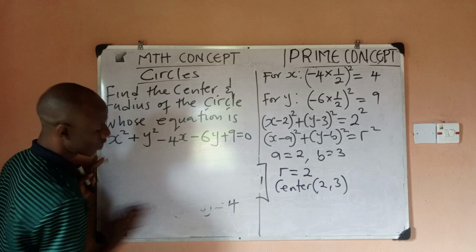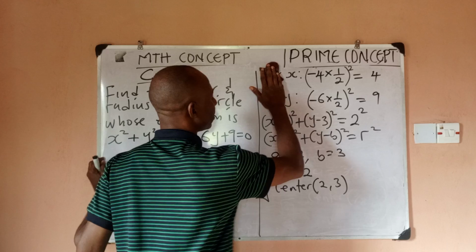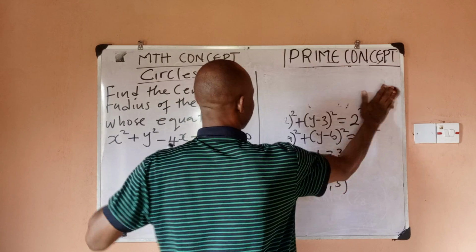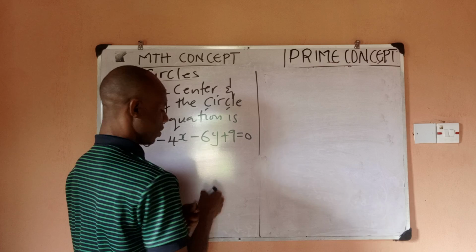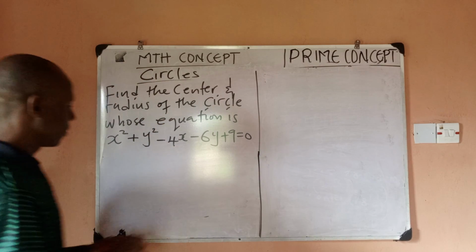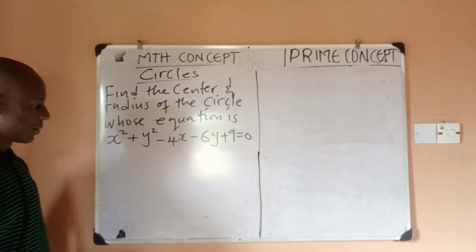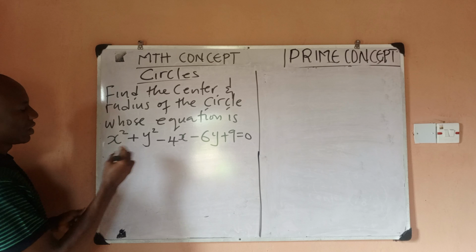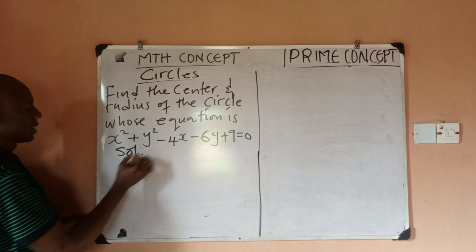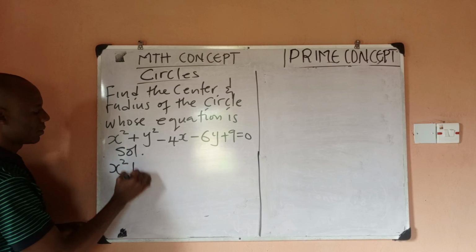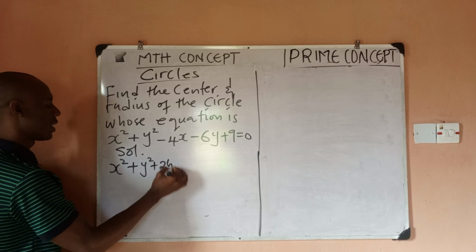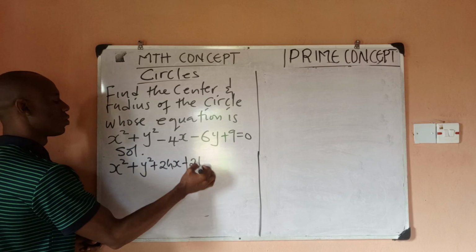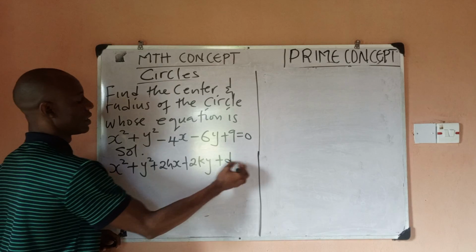So quickly, I will resolve this same problem using the general form of the equation of a circle. So I have this. So using the general form of equation simply says that x squared plus y squared plus 2hx plus 2ky plus d is equal to 0.